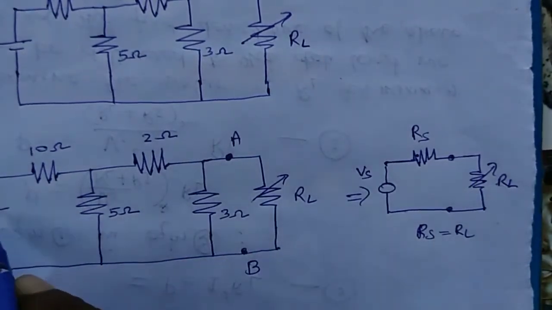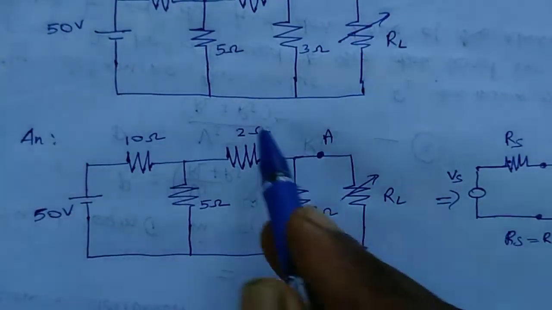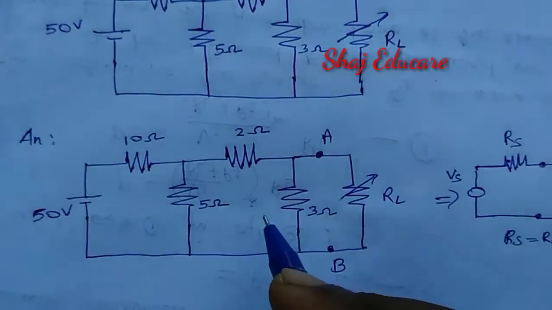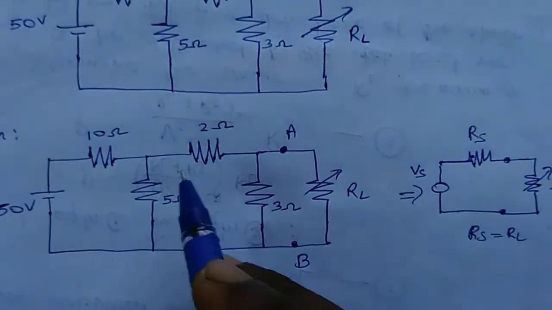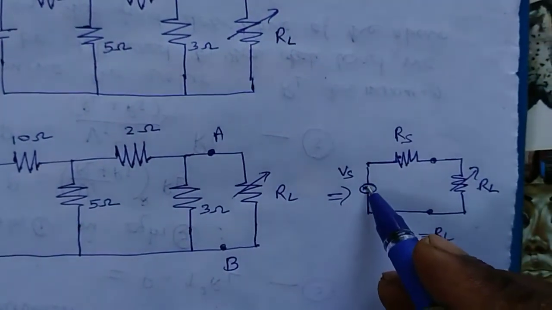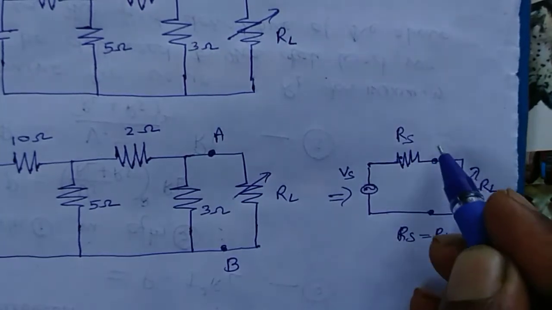But we have a single voltage source and a combination of four resistances here, excluding RL. So we have to convert this circuit, except this RL, into a series voltage source and a series resistance.